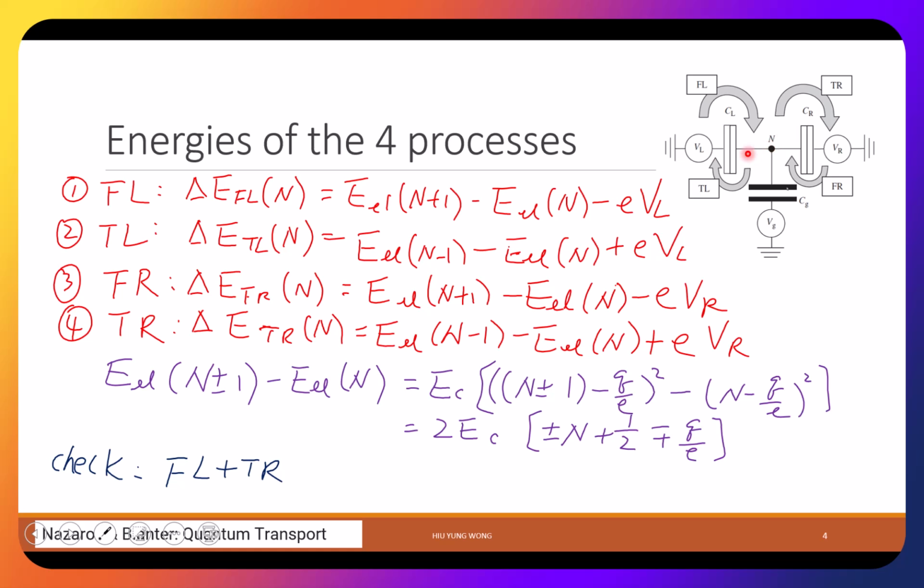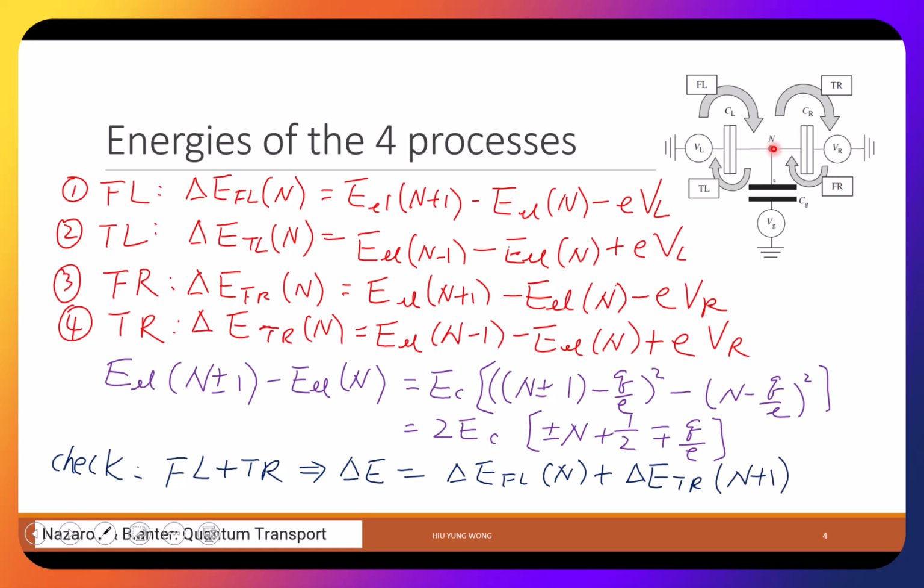N, right? So there should be no change in energy in the system. But how much energy do I need to do this whole process? Based on this, delta E is just equal to delta EFL, from the left I start with N, plus delta E to the right, right? But when I do the right, it is N plus 1, right?